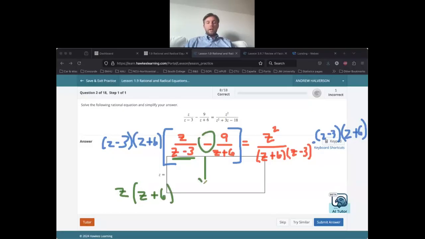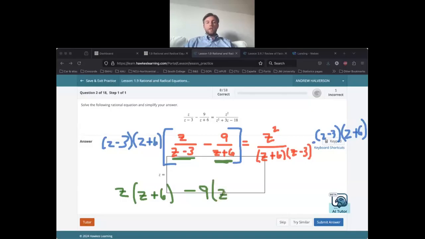Bring down this minus sign and do the same thing. I have a z plus 6 here that's going to cancel with this, leaving a z minus 3. So I take my 9 here and I put it on the outside of a what?